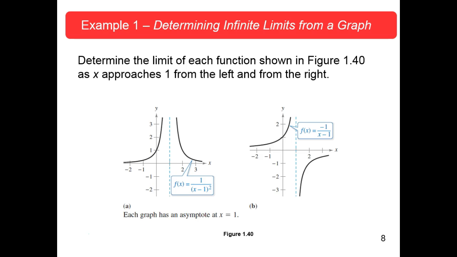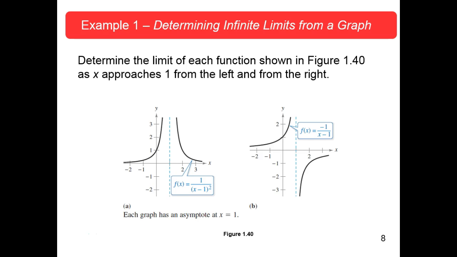Okay? Now, this one, without the square down here, because you have a negative up here, if you're approaching x from the left-hand side, from the minus side, then x is approaching 1 here. This is negative, but that's negative, so the quotient will be positive, infinitely large positive.